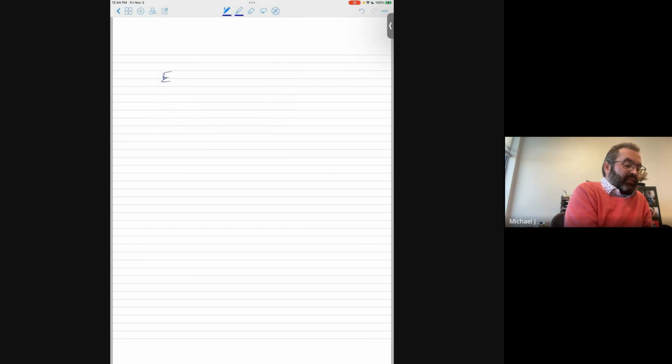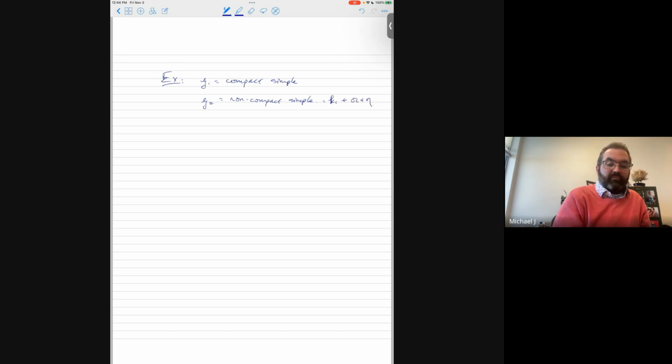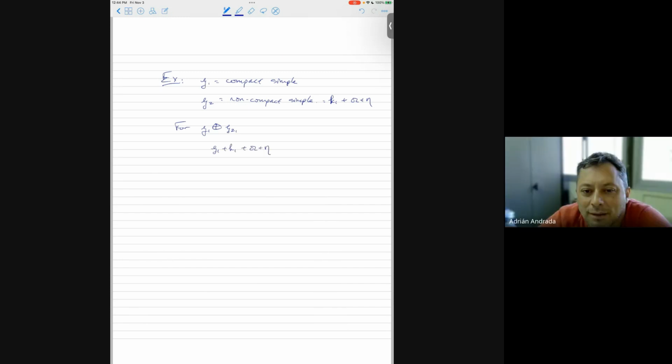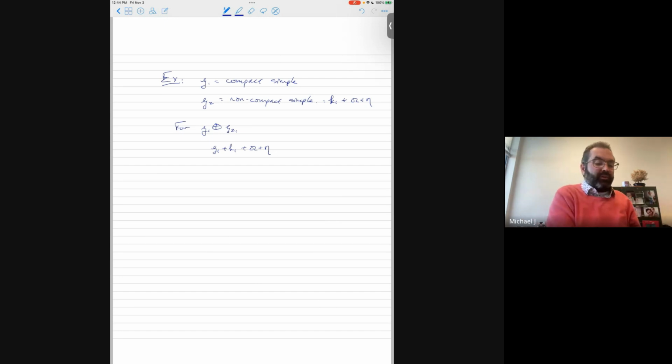If I take G1 compact simple, and I take G2 non-compact simple, then for the sum of these, the Iwasawa decomposition is just G1 plus K2 plus A plus N. And so if all you're looking at is the A plus N, then you'll never see those factors which are compact.